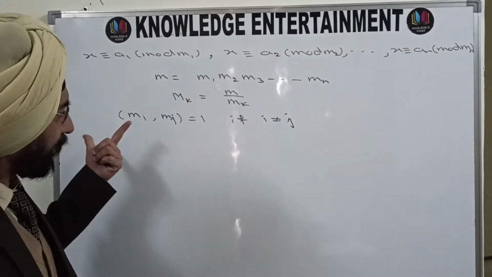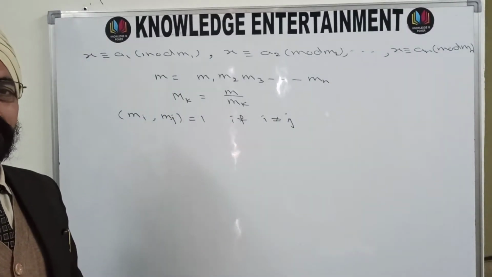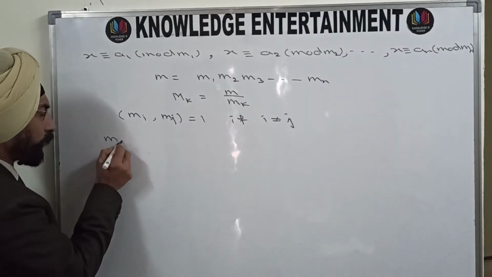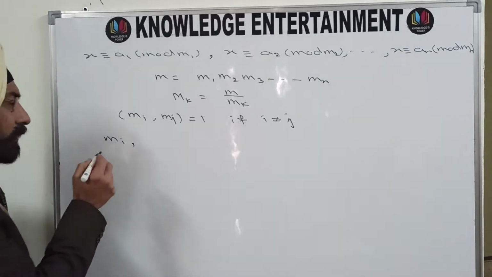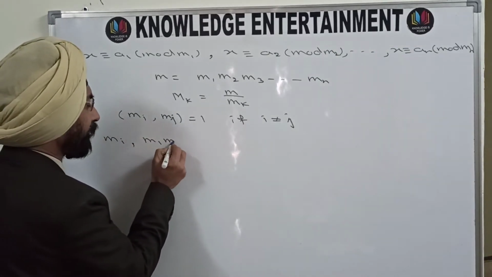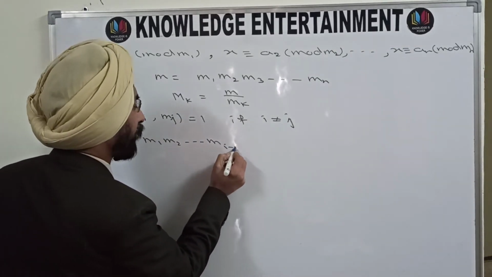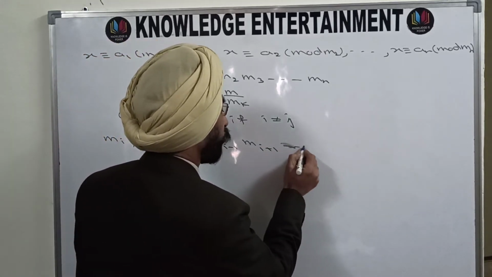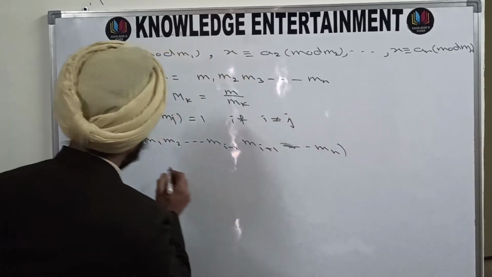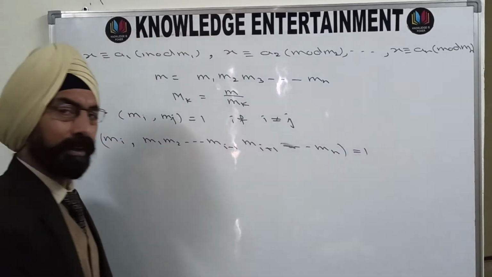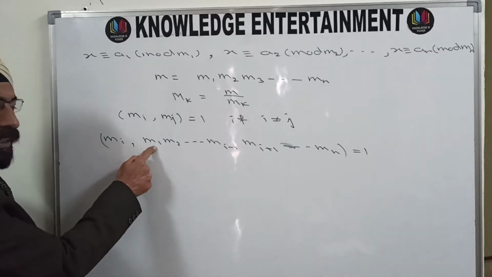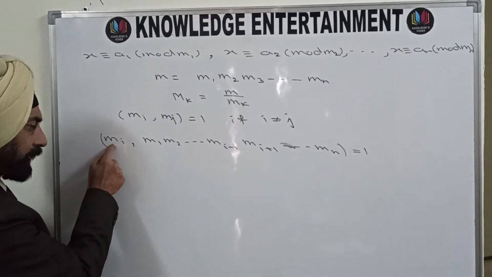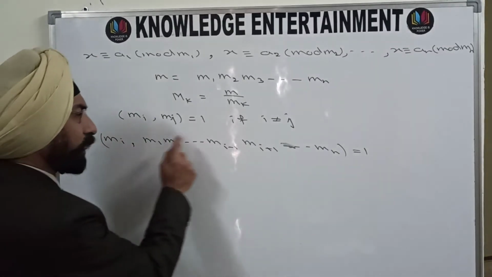So if you take the GCD of mi with the product m1, m2 and so on, mi minus 1, mi plus 1 and so on up to mn, the GCD will still be 1, because the GCD of mi with each of m1, m2, mi minus 1, mi plus 1, mn is 1.